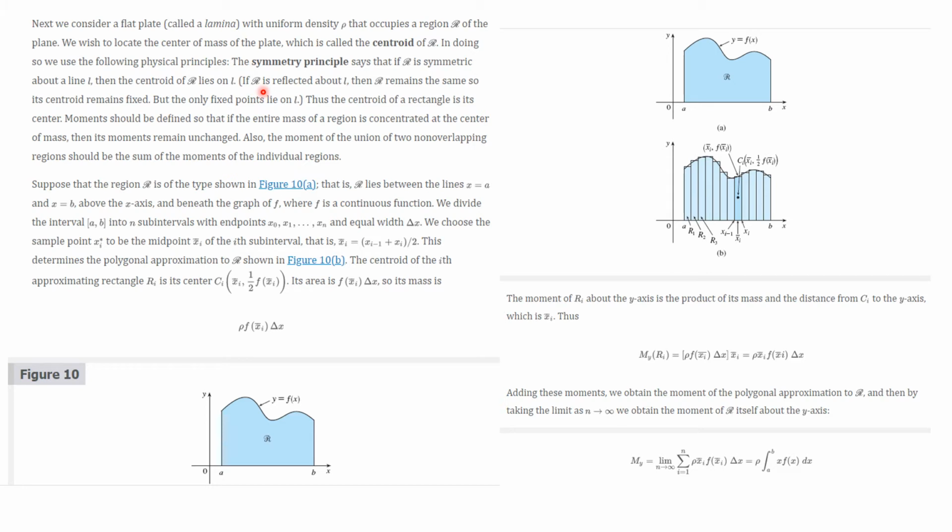Okay, so first thing we have is called a symmetry principle that says if it's symmetric with respect to a line, then the centroid lies on the line.